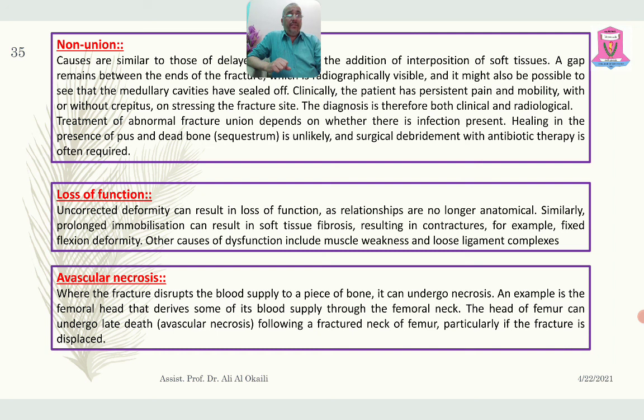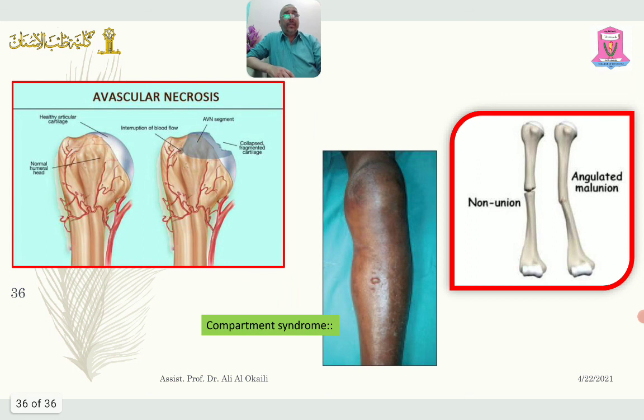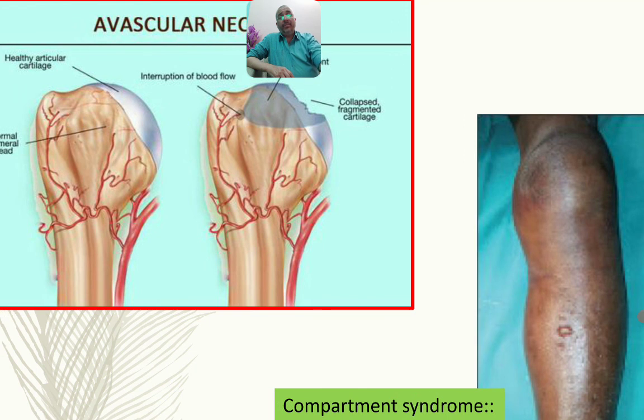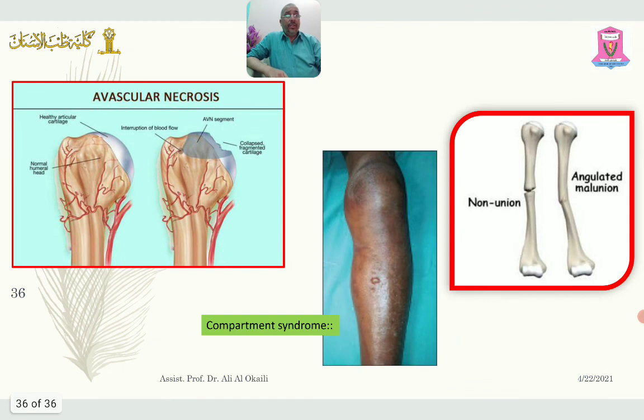That derives some of its blood supply through the femoral neck, and the head of femur can undergo late death, avascular necrosis, following a fractured neck of femur, particularly if the fracture is displaced. هاي الافاسكولار نكروسيس شلون الهيد اوف ذا فيمر يجي له البلاد سبلاي فروم ذا نيك، فاذا صار كسر بالنك حينفصل البلاد سبلاي عنه، لذلك might undergo avascular necrosis.